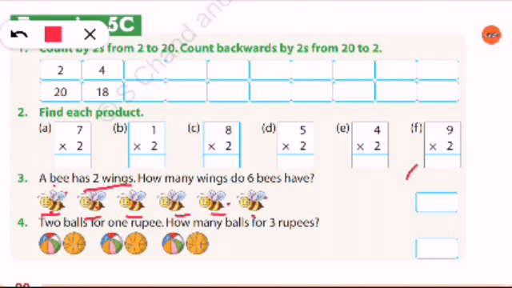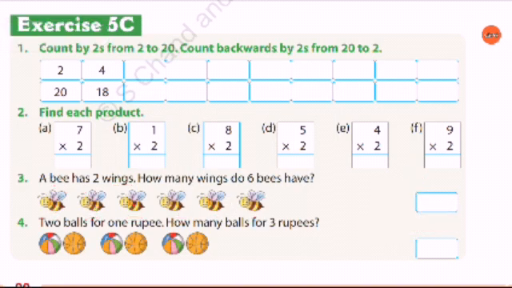So here there are 6 bees, and each bee has 2 wings. So we will multiply by 2, and we will get the number of wings in all bees. So 2 sixes are 12. So your answer is 12. All together all the bees have 12 wings.